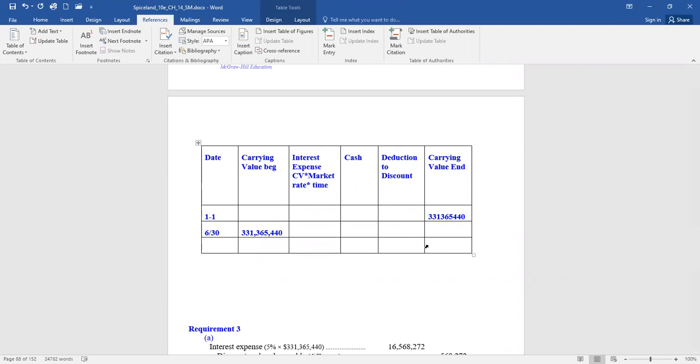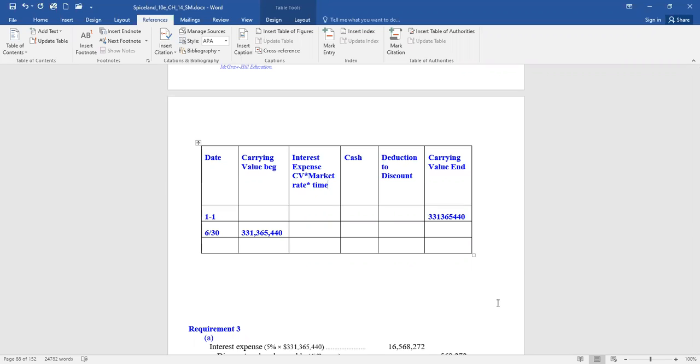331,365,440 times 0.1 times... I'm getting a number higher than they are. I'm putting something wrong in my calculator. 365,440 times 0.05.